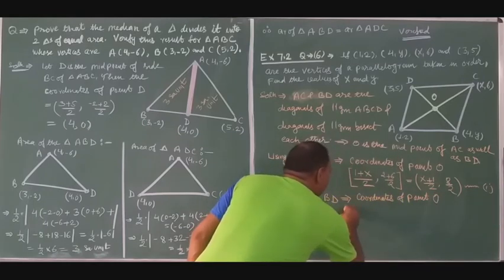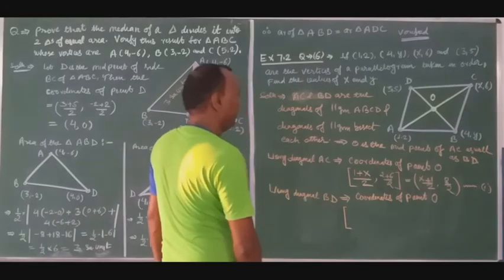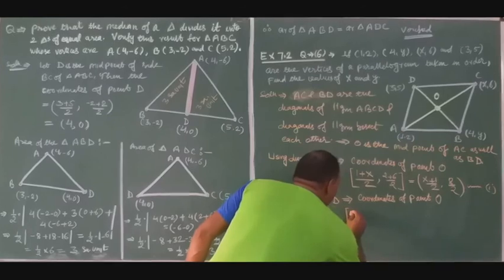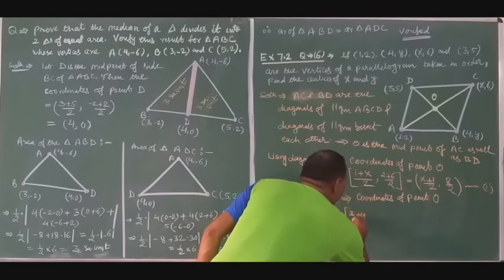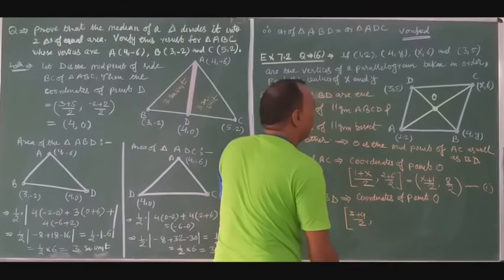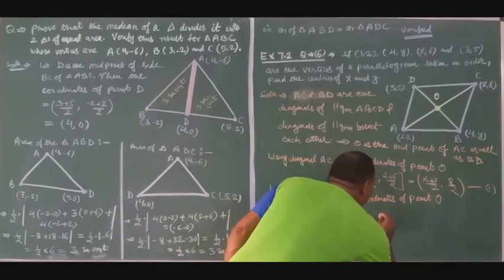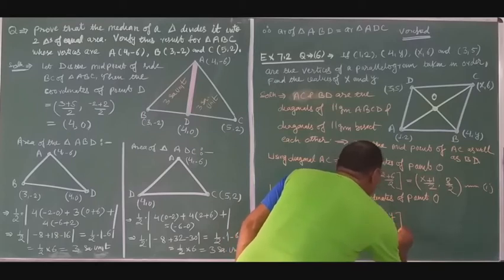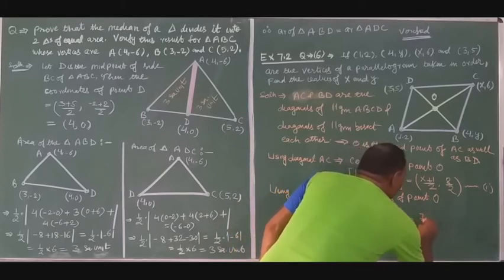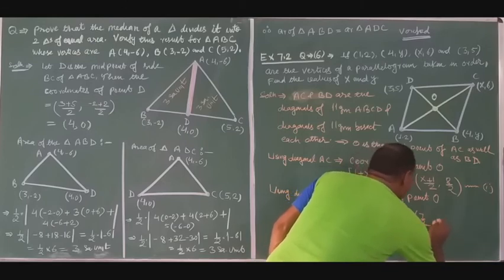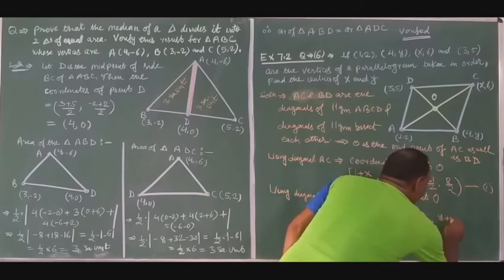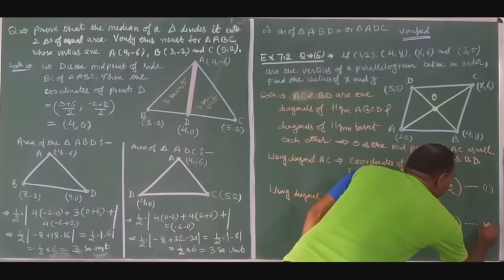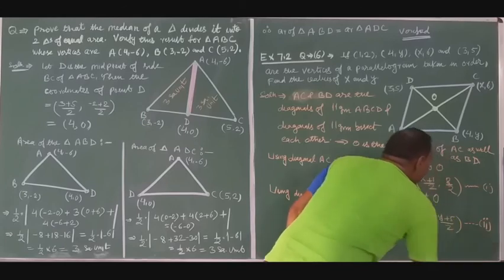Just look here. This one: (3 plus 4) upon 2 and (5 plus y) upon 2. That is, 7 upon 2 and (y plus 5) upon 2. This is equation number 2.